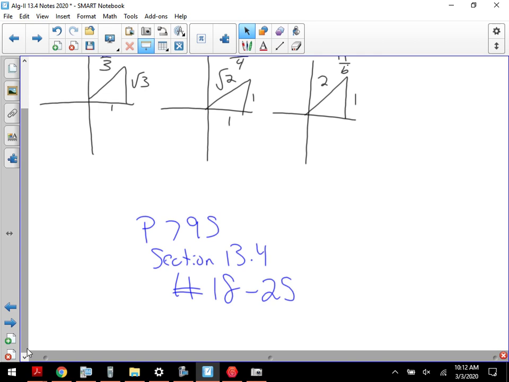Those are your cosine and sine values for each one of those ordered pairs. So if I'm at pi over 6, my cosine would have been root 3 over 2, my sine was 1/2. My ordered pair was root 3 over 2, 1/2. It's easier just to draw a triangle because you've been doing these triangle things forever. Don't ever try to memorize it in a circle. It's just a waste of time.